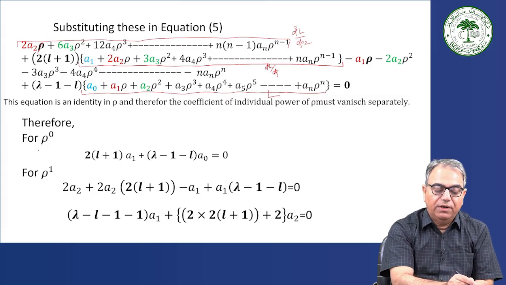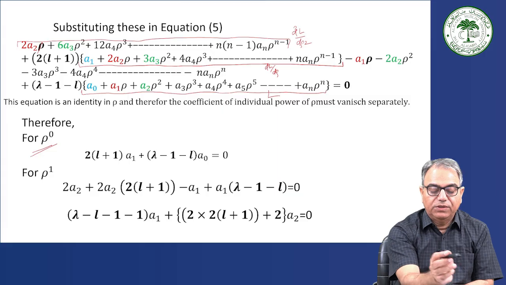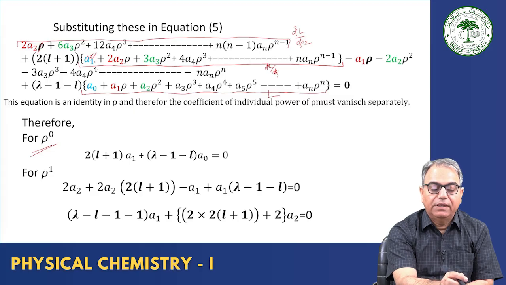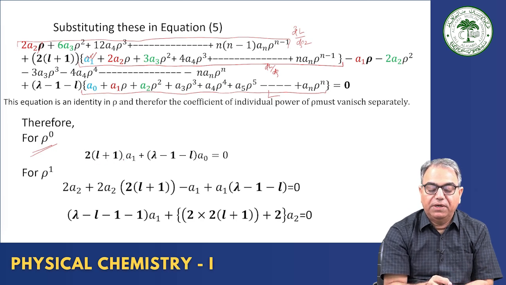So look for the terms where rho is equal to 0. Which one is the first term? This one is the first term, a1. Here you do not have a rho, so the coefficient is 2 into L plus 1 into a1.